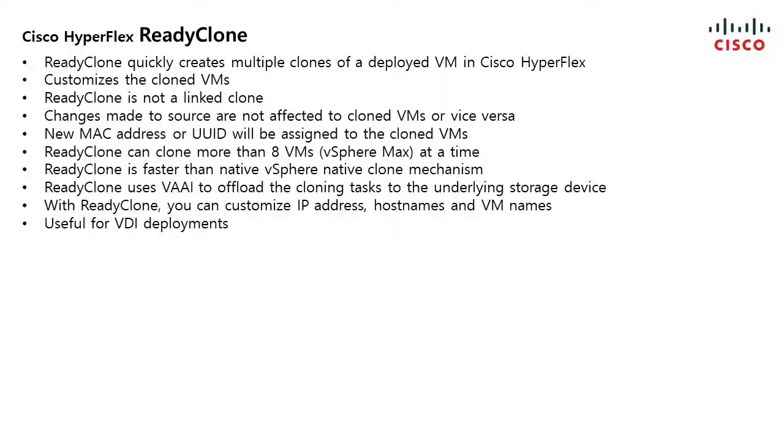Now, installing guest OS and application on a VM has always been a time-consuming process. So you would clone a VM using the native vSphere cloning mechanism. But the problem with the native cloning feature is you can clone up to 8 VMs at a time, and the time it takes to clone the VMs in vSphere usually takes a bit longer when compared with the Cisco HyperFlex ReadyClone feature.